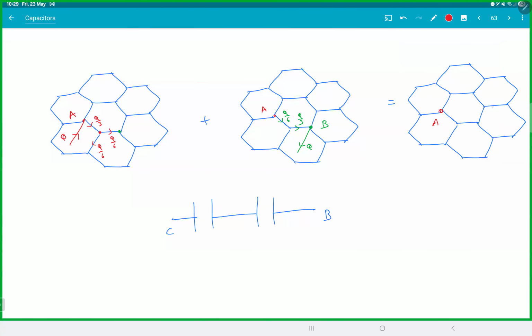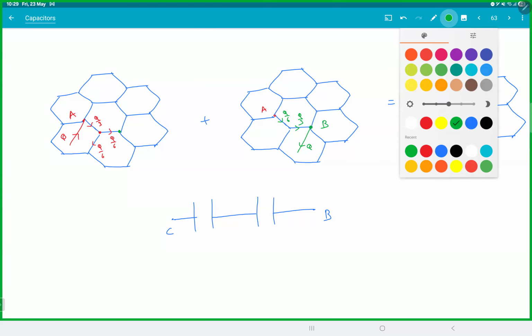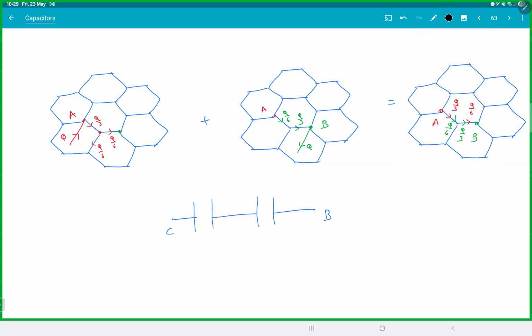So between A and B, this is pushing Q by 3. This is pushing Q by 6. This is pushing Q by 6 and this is pushing Q by 3. Net, they both are pushing Q by 2 each. So this will be Q by 2 minus Q by 2, Q by 2 minus Q by 2.